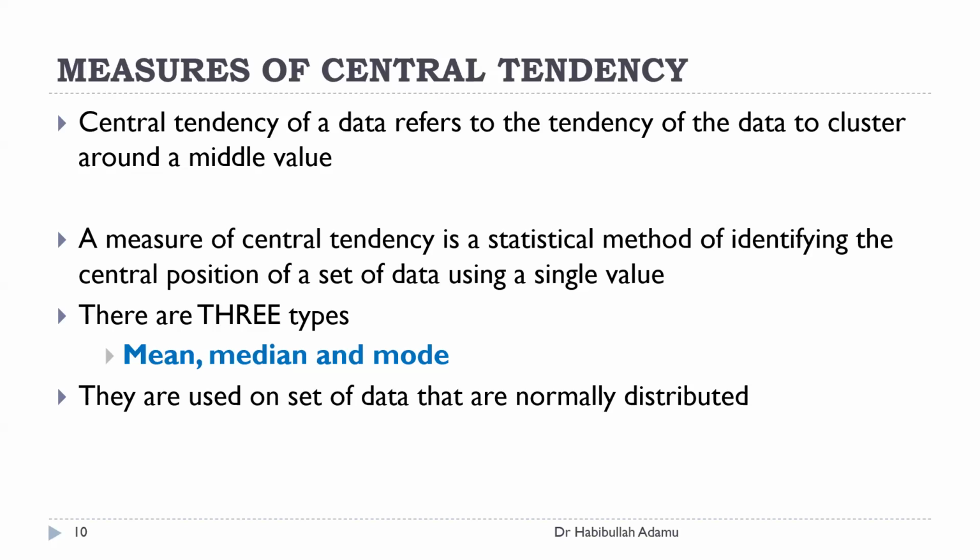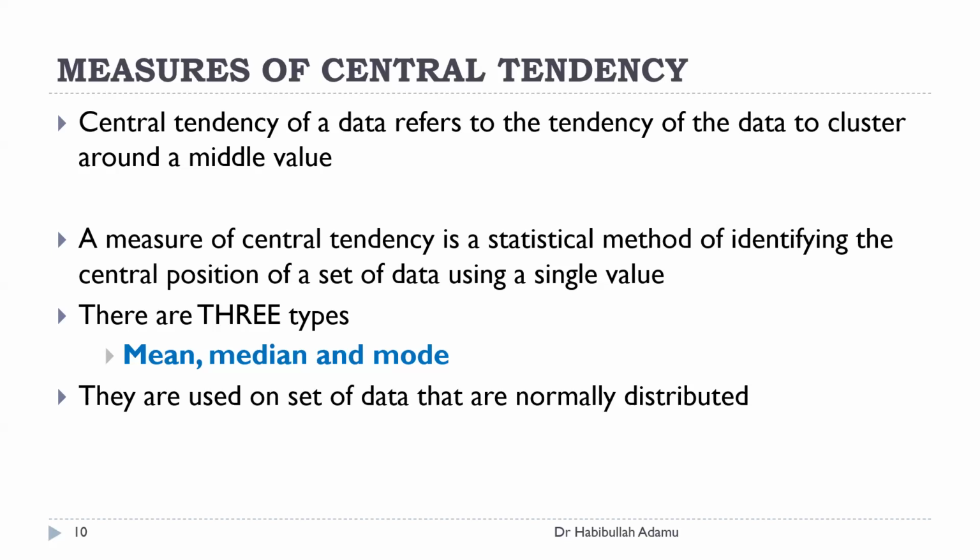They try to give you the central location, the central point. If there are ages of 10 patients, they will give you one value that will represent those 10 patients. That one value is the value that occupies the central location. Why are we saying it is one that occupies the central location? Because it is the value that the remaining ages surround.